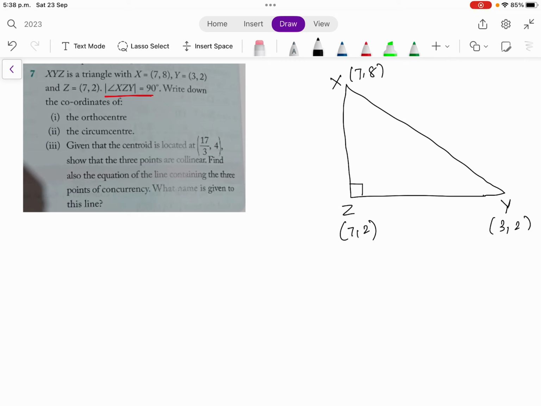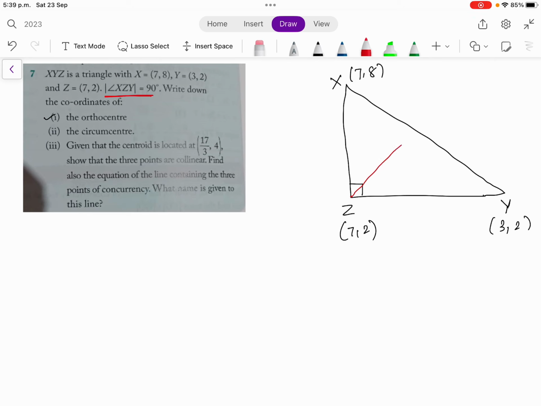So the first thing to find is the orthocenter. What is the orthocenter? The orthocenter is the point of intersection of the lines which are perpendicular from a particular vertex to the side opposite to it.